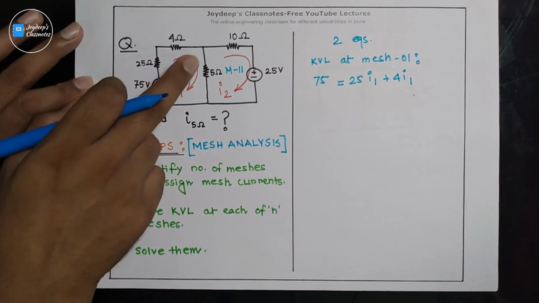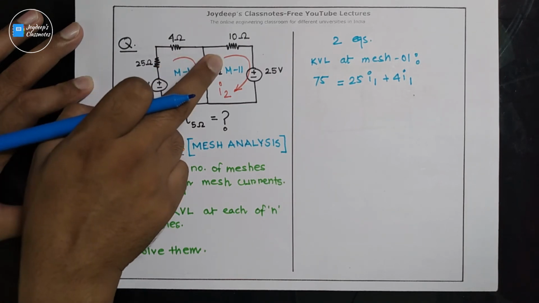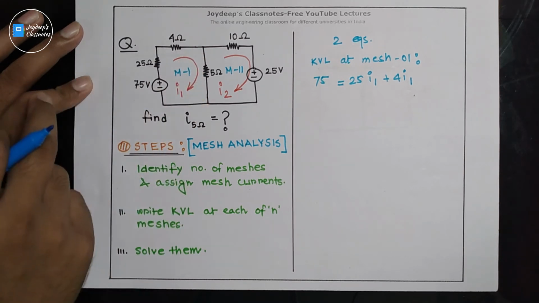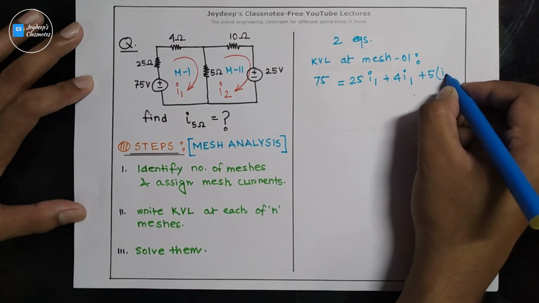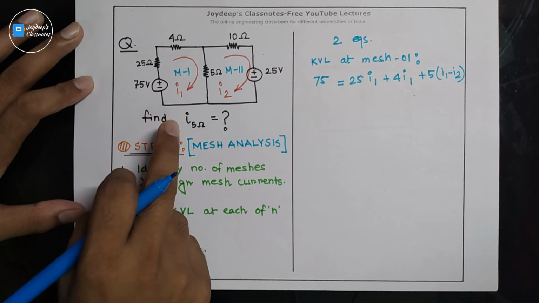In this branch, not only I1 is flowing, over here I2 is also flowing. So the current flowing in this branch is I1 minus I2, plus 5 within bracket I1 minus I2. Now why I1 minus I2?